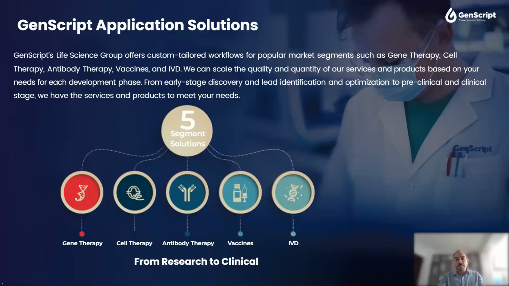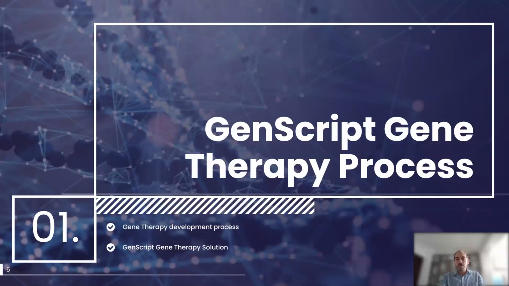So GenScript has complete solutions for multiple applications. One of them is gene therapy. Another one is cell therapy. We have complete solutions for antibody therapeutics, vaccines, and IVD, as well as some other applications such as synthetic biology and plant biology. Today, my focus will be on the gene therapy specifically.